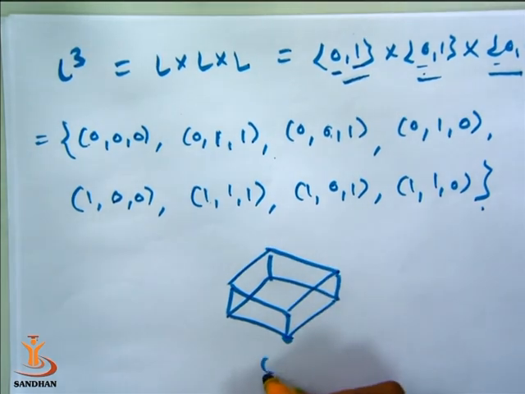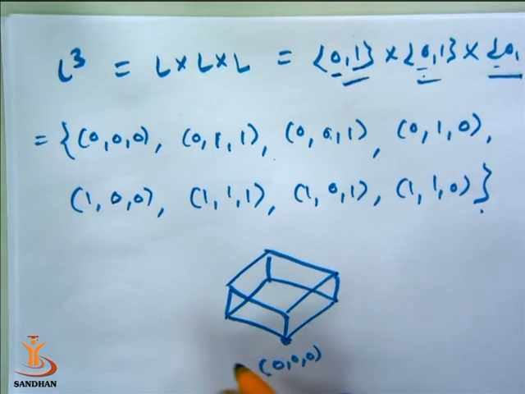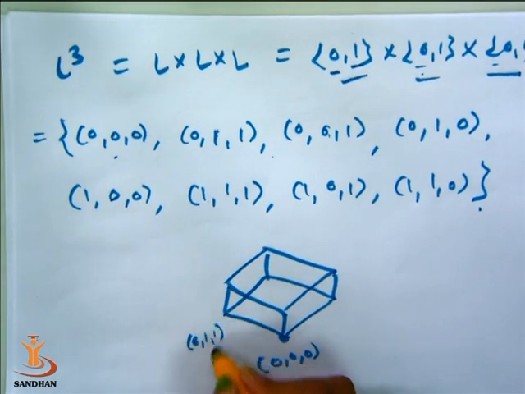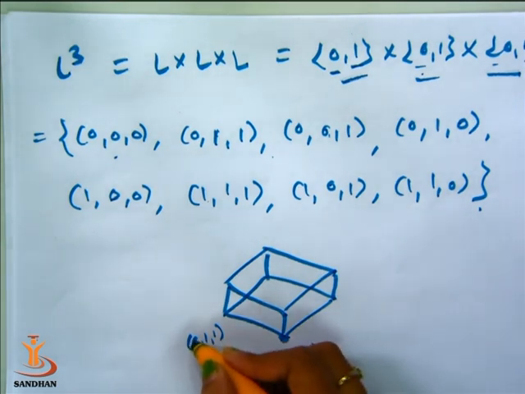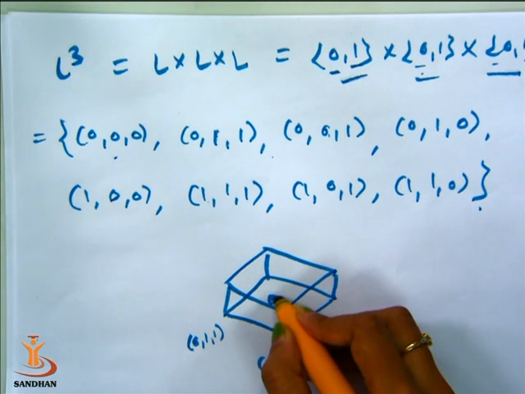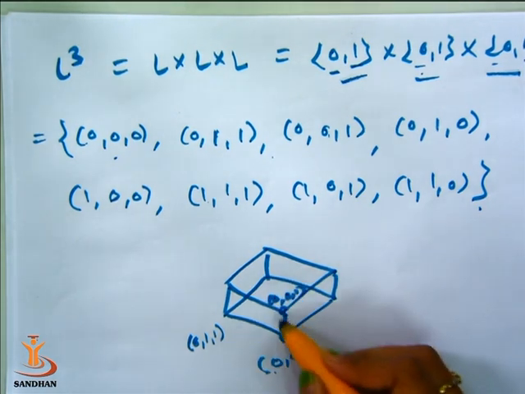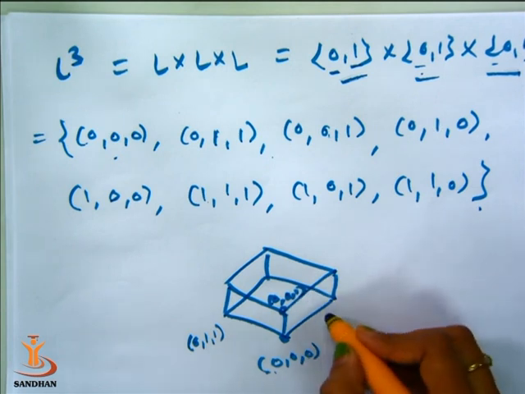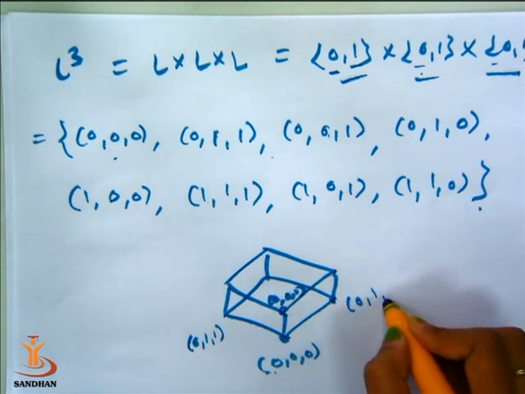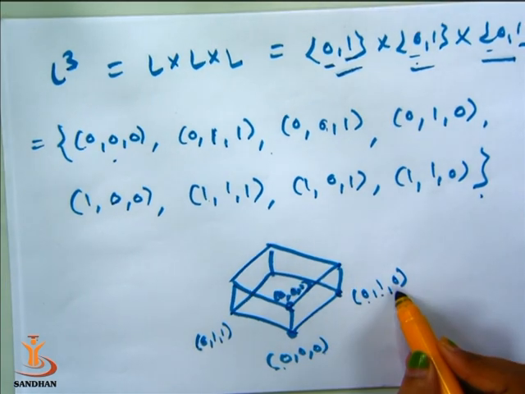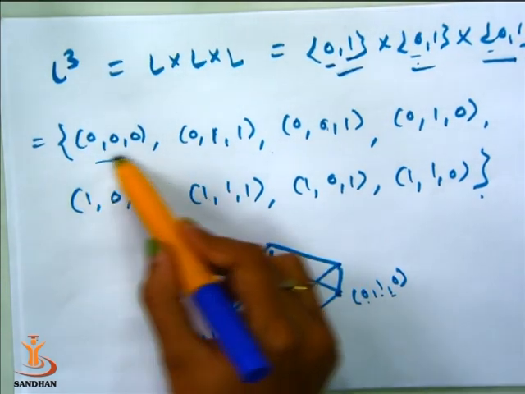It is a cube starting with (0, 0, 0). Now (0, 0, 0) is related to (0, 1, 1), because 0 is less than or equal to 0, 0 less than or equal to 1, and 0 less than or equal to 1. It is related to (0, 0, 1), because 0 less than or equal to 0, 0 less than or equal to 0, and 0 less than or equal to 1. It is related to (0, 1, 0): 0 less than or equal to 0, 0 less than or equal to 1, 0 less than or equal to 0.